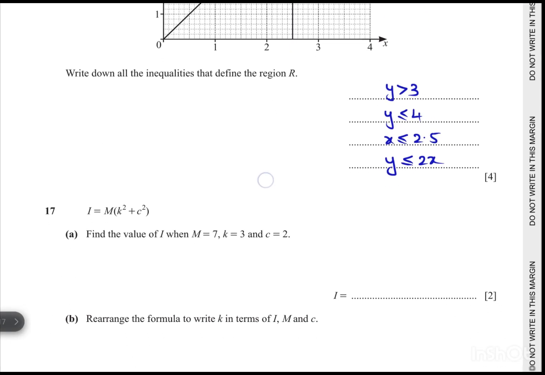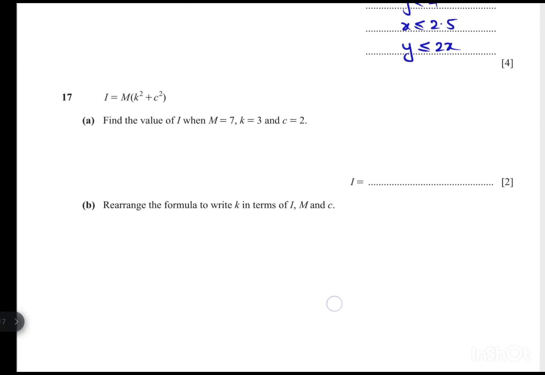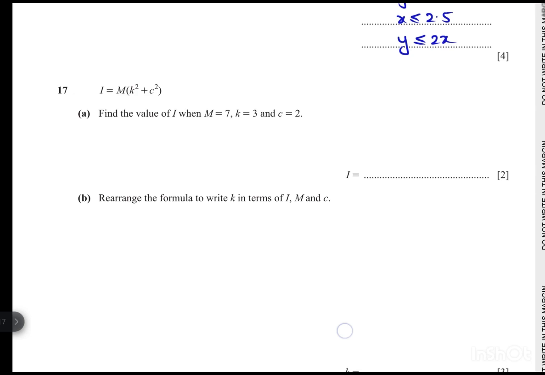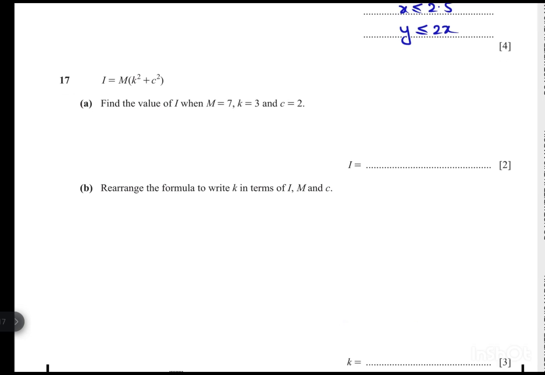Question number 17. I is equal to m(k² + c²). Question A, find the value of I when m is equal to 7, k is equal to 3, c is equal to 2. We are just substituting the values.